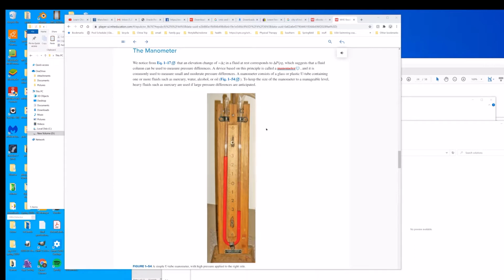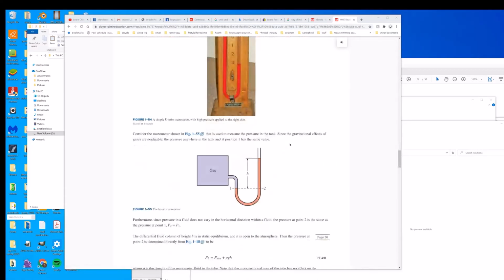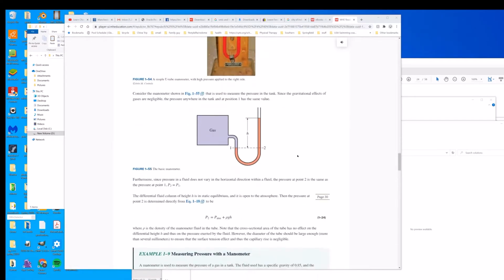Okay, so we're going to use that concept to figure out, knowing some characteristics of the liquid in our fluid, what the pressure is of this chamber, of this gas that's connected here. All right, so here's a basic diagram of the problem.